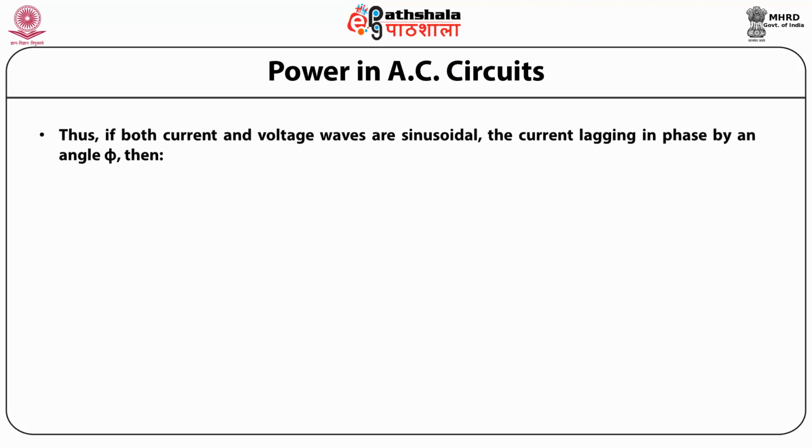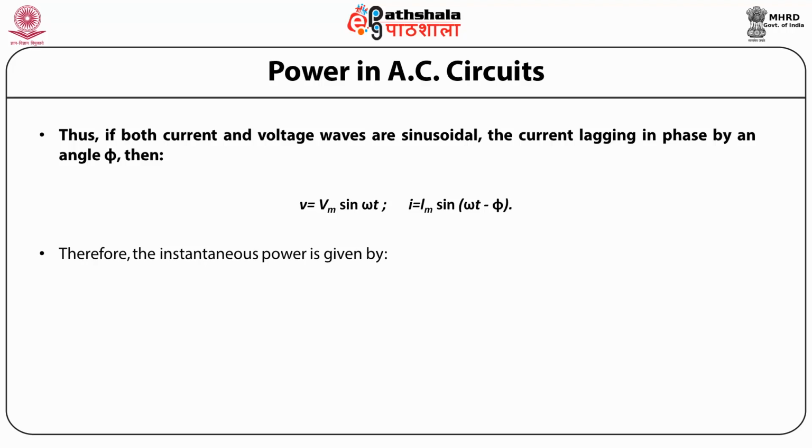Students, thus what we obtain is, if both current and voltage waves are sinusoidal, the current lagging in phase by an angle phi, then v is given by Vm sin omega t, i is given by Im sin(omega t minus phi).